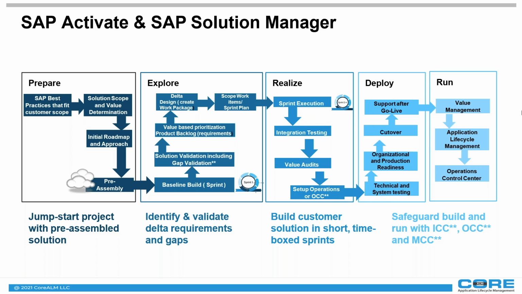And then last but not least, this is optional from a run perspective. After you go live, we have to keep that application running. This is where you can utilize all of the application operations from SAP Solution Manager, where you can monitor your system from day-to-day basis.